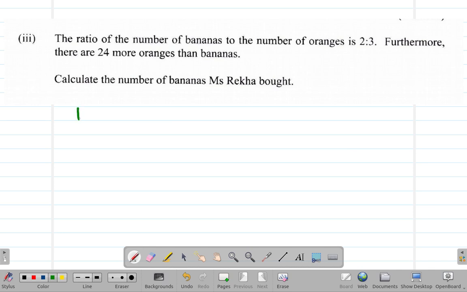So banana to oranges is equal to 2 to 3. You have 24 more oranges than bananas. Alright, so the orange would be yellow. Let's say the bananas are not ripe. They're green bananas.